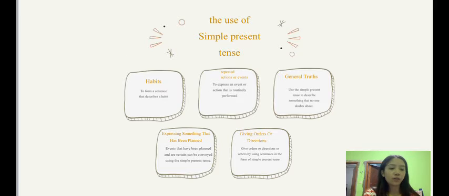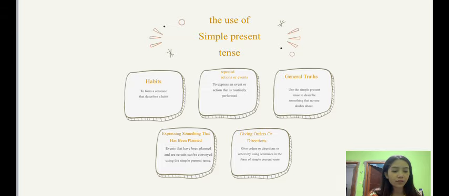The use of simple present tense. Habits: to form a sentence that describes a habit. Next, repeated action or events: to express an event or action that is routinely performed. General truths: use the simple present to describe something that no one doubts about.